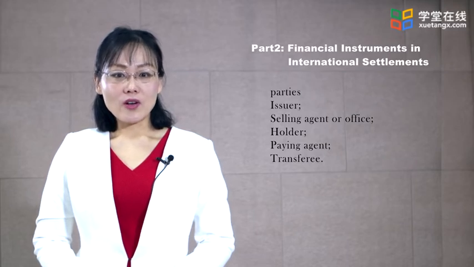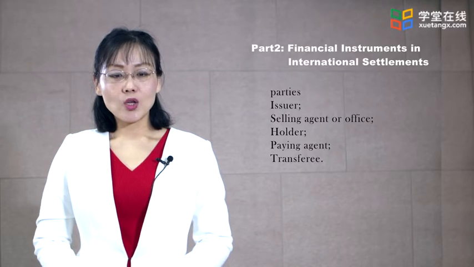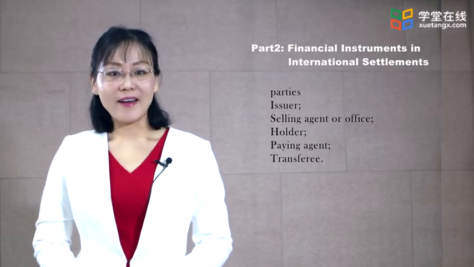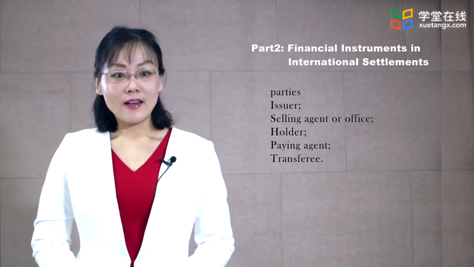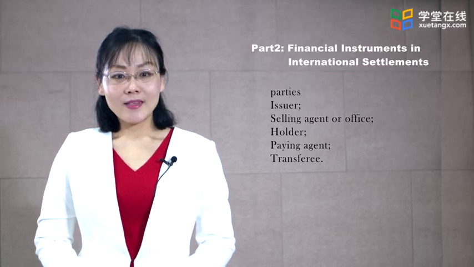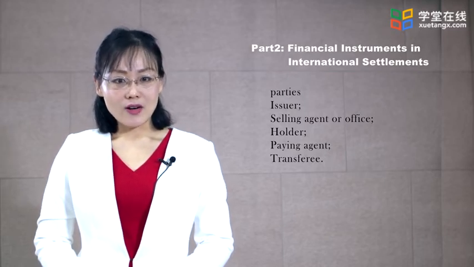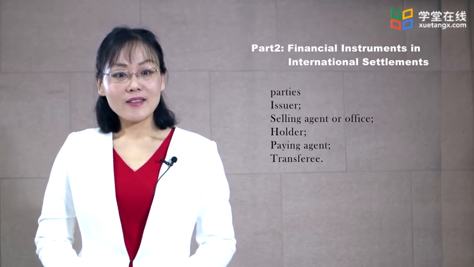If the purchaser or the holder makes use of the traveler's check to pay a bill of any hotel or restaurant or an invoice of any shop, the hotel, restaurant, or shop becomes the transferee.